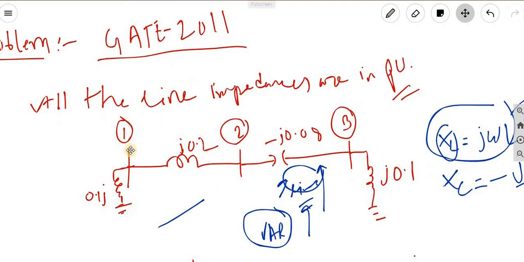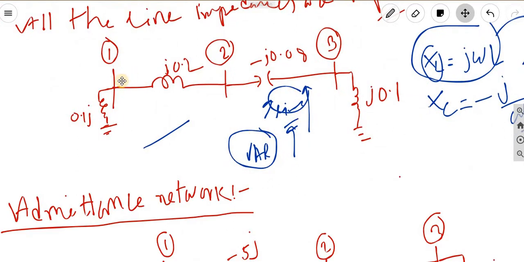And then what you have to do, you have to consider the admittance, and what number of buses are present. So here for this case, the number of buses is 3. And hence you have to get the admittance network for the complete network.